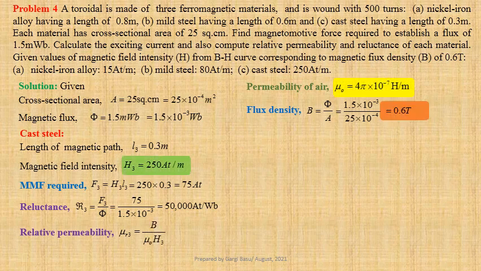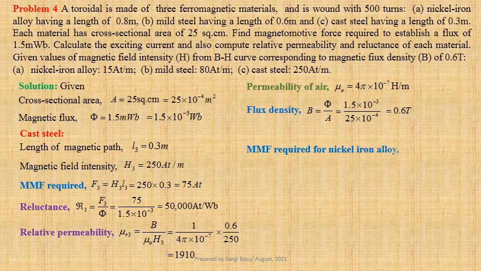Using values we get 1 upon 4 pi into 10 to the power minus 7 into 0.6 by 250, that gives us 1910.